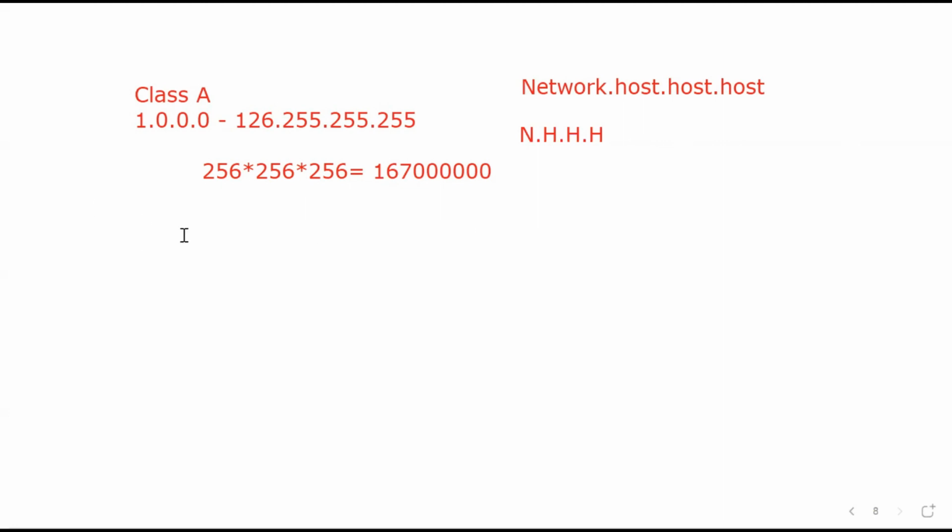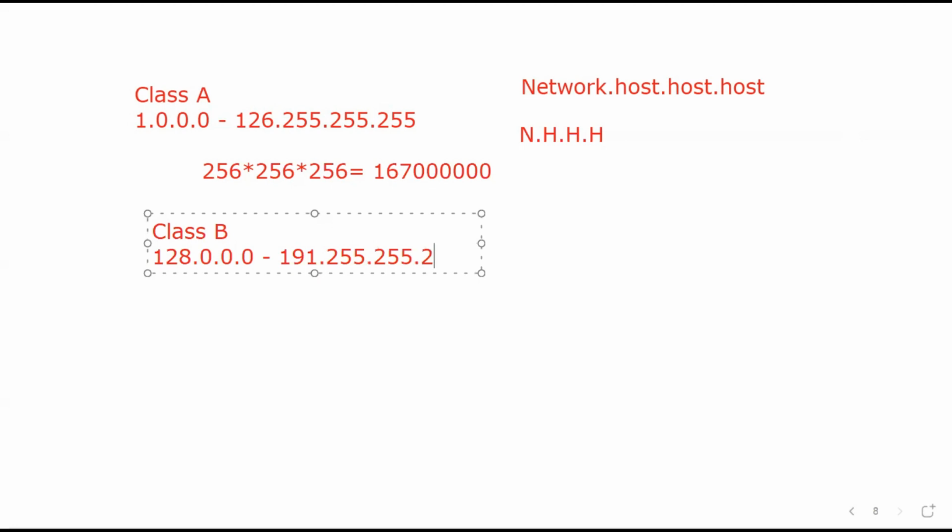In class B, two octets are fixed for host and two are fixed for network. What is our class B range, dear? I already talked about that: 128.0.0.0 to 191.255.255.255. Okay.